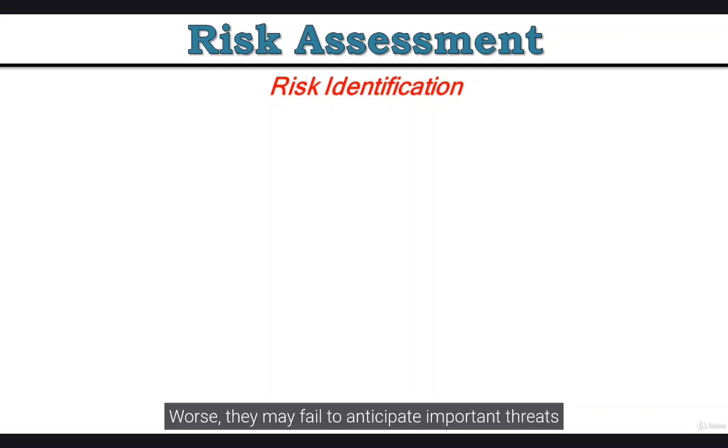Worse, they may fail to anticipate important threats or fail to recognize the consequences an apparently minor threat may have. Risk identification might begin with brainstorming sessions, previous risk assessments, surveys, or still other efforts to identify and list potential risks within supply chain processes.